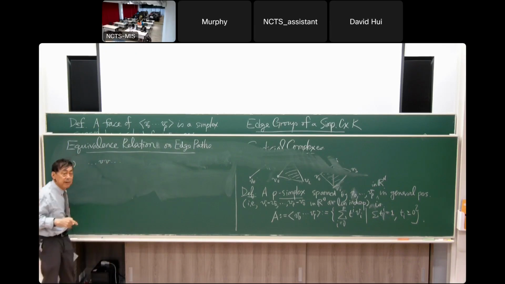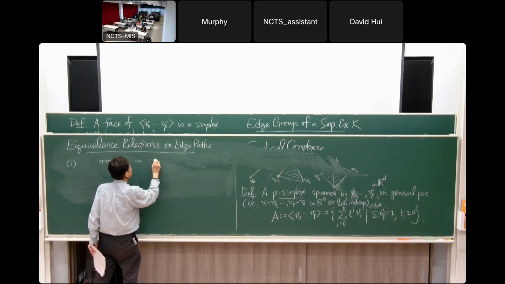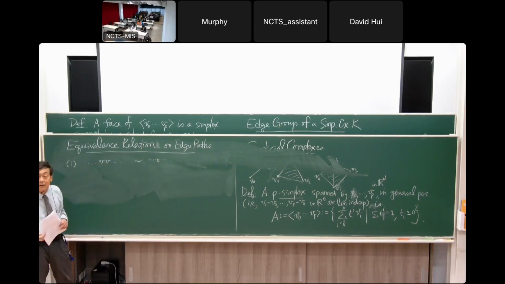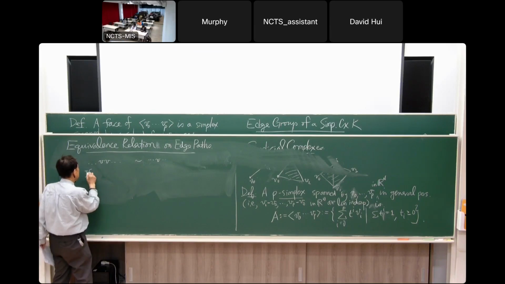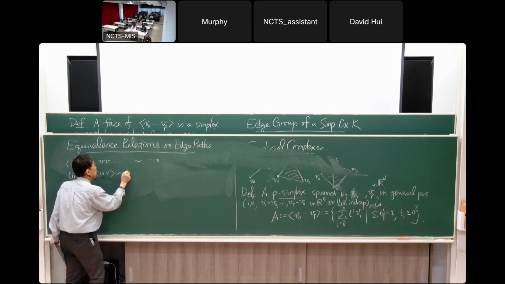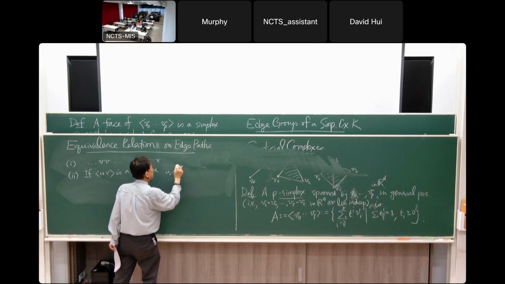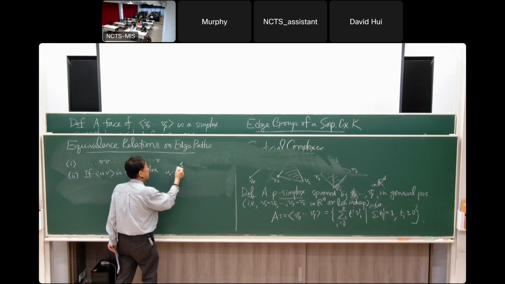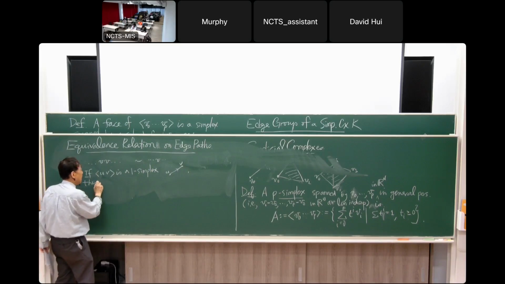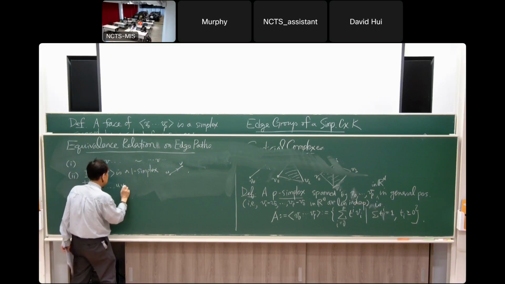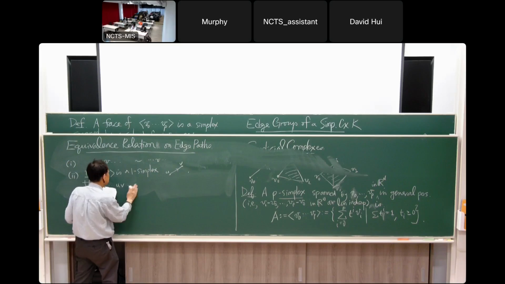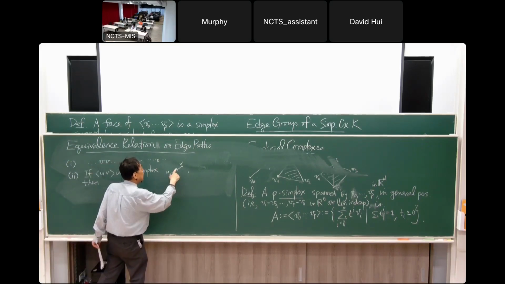If you have an edge path in which two consecutive vertices are the same, then this is equivalent to just one V. And if UV is one simplex, then whenever you have UVU, okay?